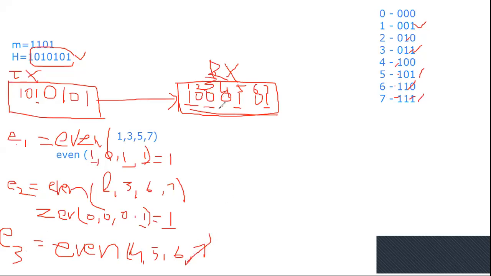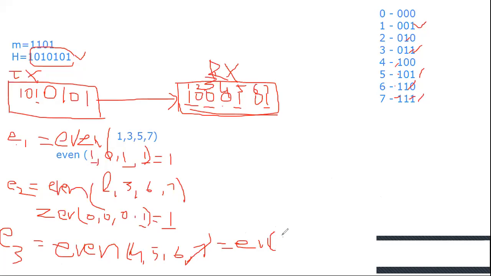Take the bits here: fourth bit 0, fifth bit 1, sixth bit 0, seventh bit 1.